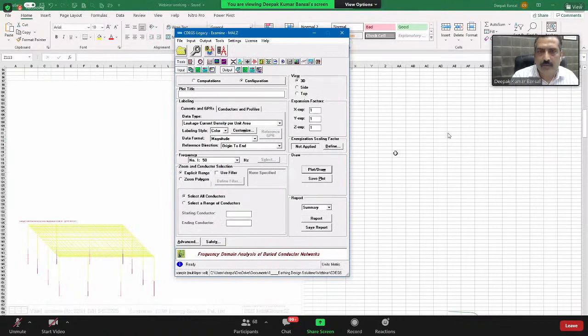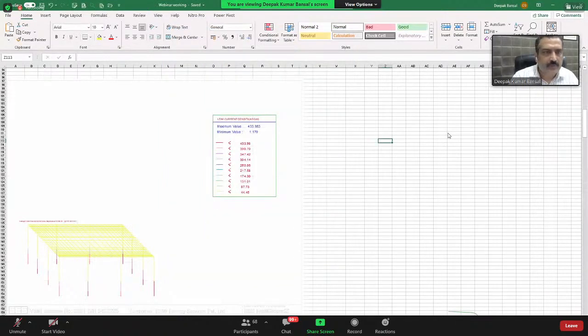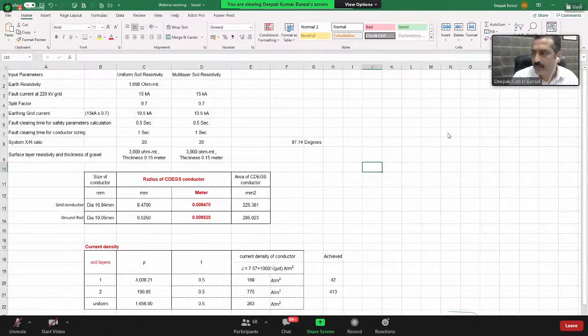Okay, now what is basically this is current density. By definition, we can say that it is one more safety aspect: checking the leakage current density of each of the conductors against the allowable current density.